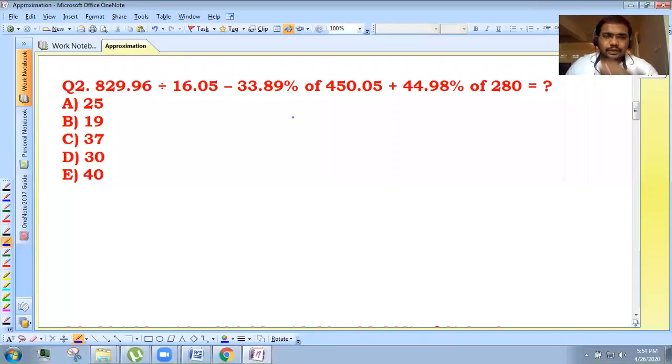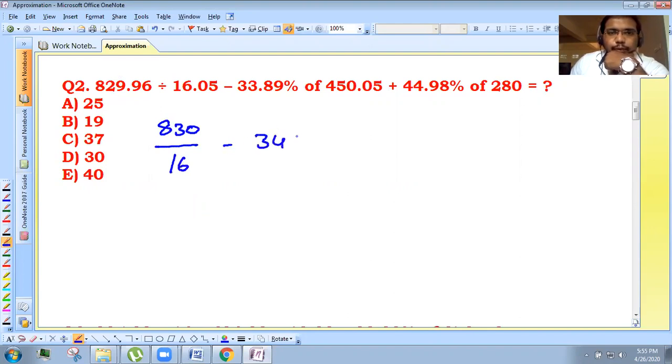We'll go for the second question. This is 830, because 829.96 is approximately 830, by 16, minus 34% of 450.